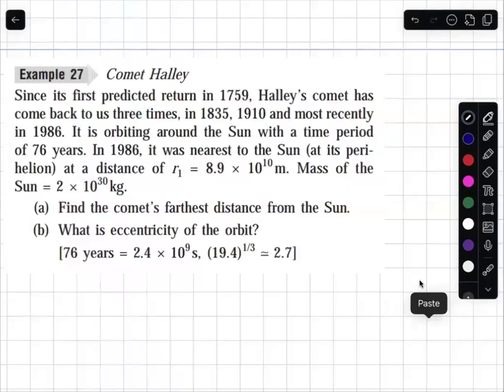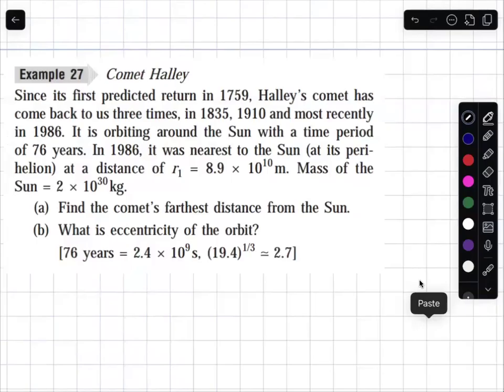In 1986, it was nearest to the sun, at its perihelion, at a distance of r1. The mass of the sun is given.